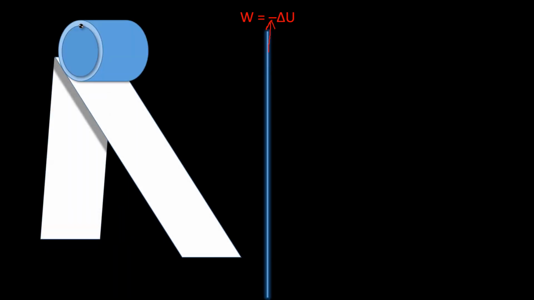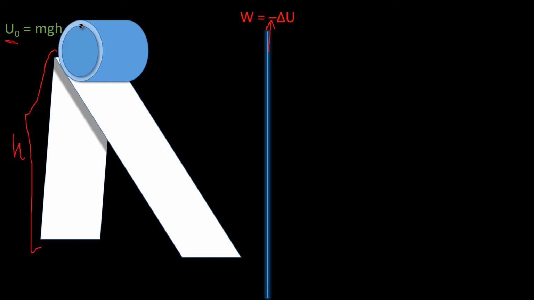Consider a cylinder on an inclined surface. Now we know that when it is at some height, suppose the height of this cylinder right now is h, then how much is the potential energy of this cylinder? Can I say it is possessing mgh energy? Let U0 indicate initial potential energy.